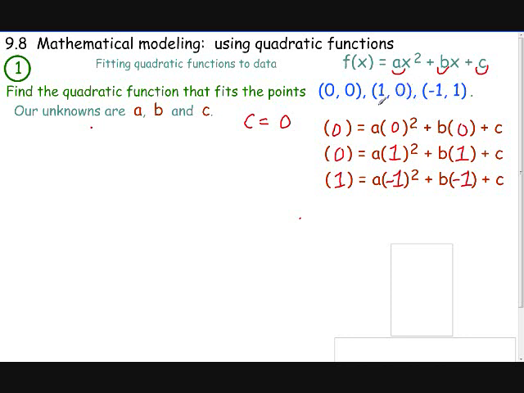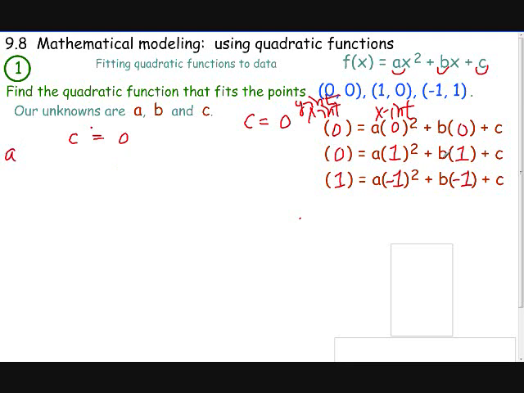I'm looking at my x-intercept. And over here, I'm looking at an x-intercept and a y-intercept. That may not be obvious to you, but if we did graph it, you would see it. So my first equation turns out to be C equals 0. My next equation, 1 squared times A, is simply going to be A.